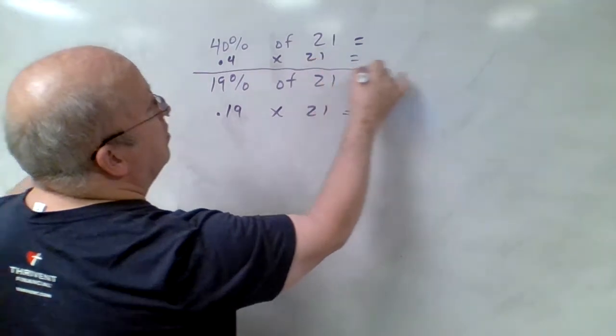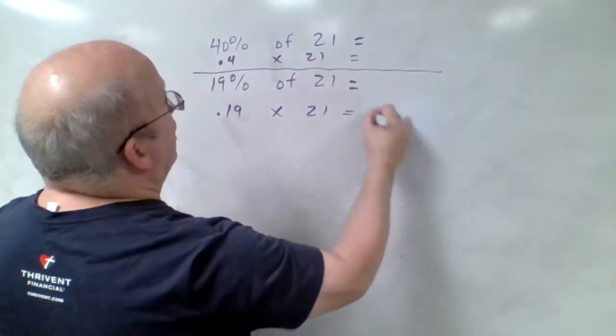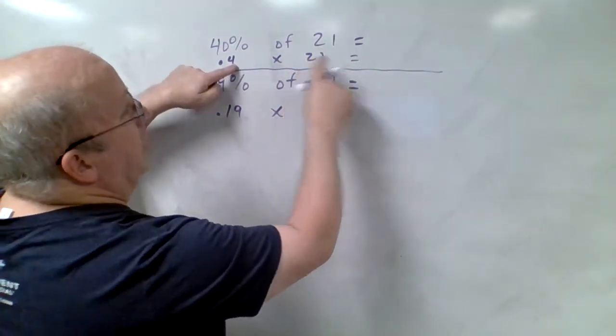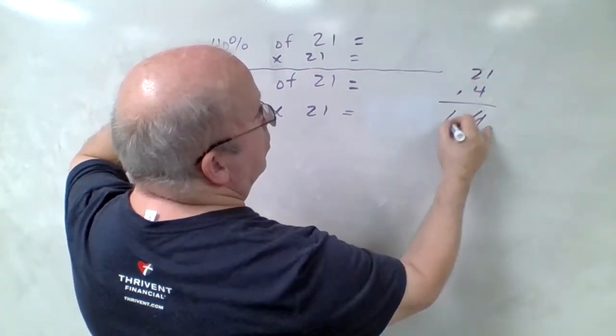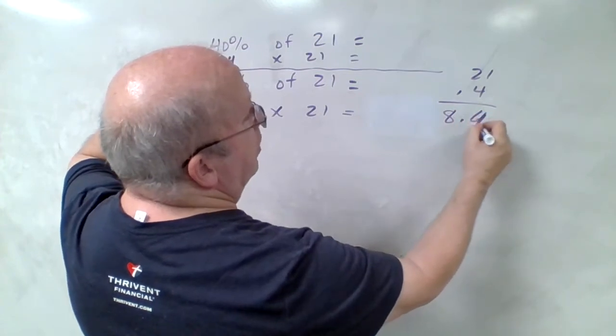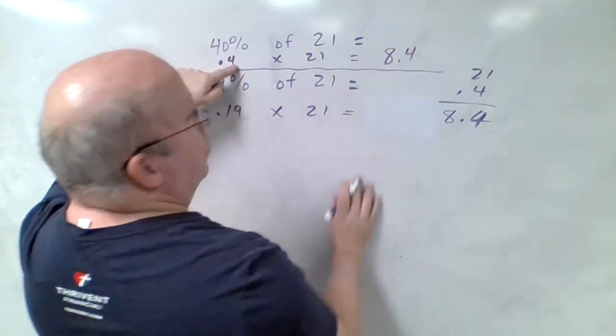And when we get these numbers here and here, well, we can estimate, right? 21 times 0.4, I get 4 and 8, 1 decimal place, so I get 8.4.